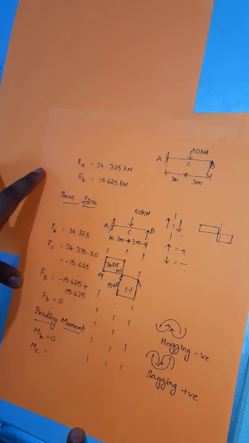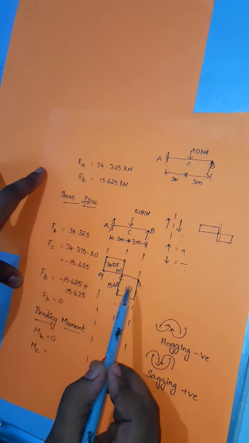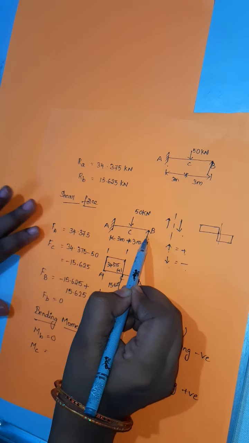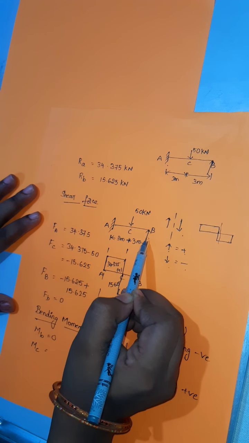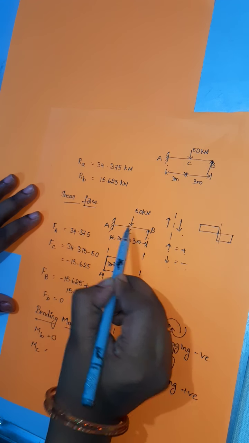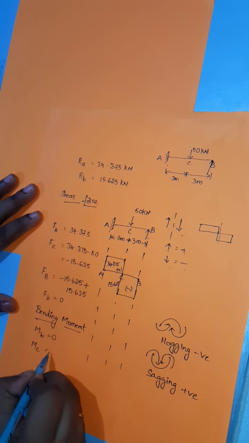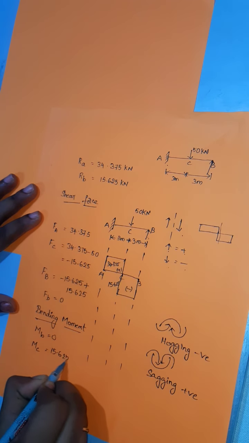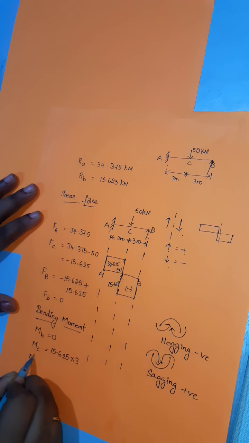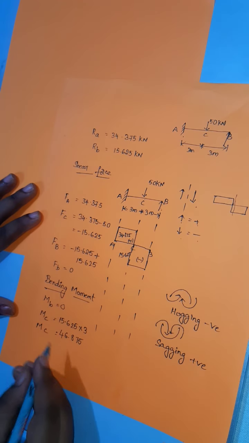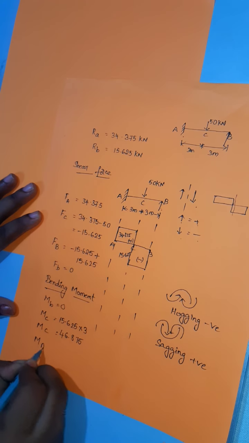In which direction is it moving? From the free end we are calculating, so that is RB into distance to C. RB, how much? RB we got 15.625, into how much distance? 3. So MC is equal to 46.875.